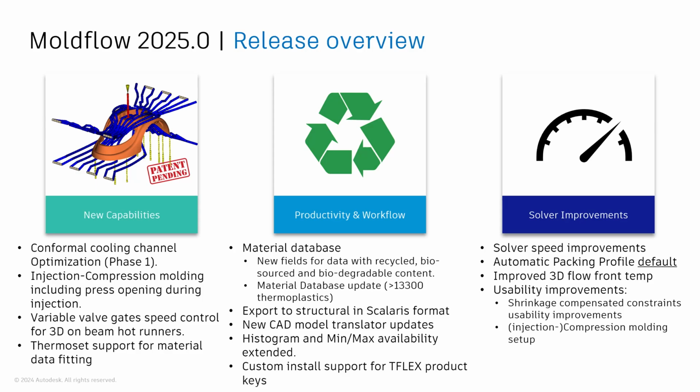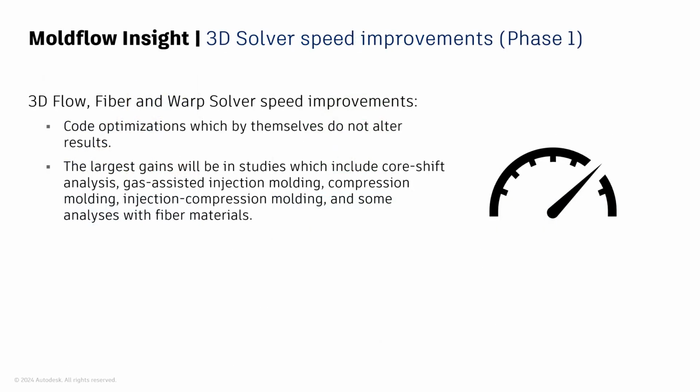So with that, let's begin with the Moldflow Insight 3D solver speed improvement as part of phase 1. This is particularly a code optimization, which by itself doesn't alter any of the results, but users will find a significant improvement in studies which include core shift, gas assist, compression molding or injection compression.